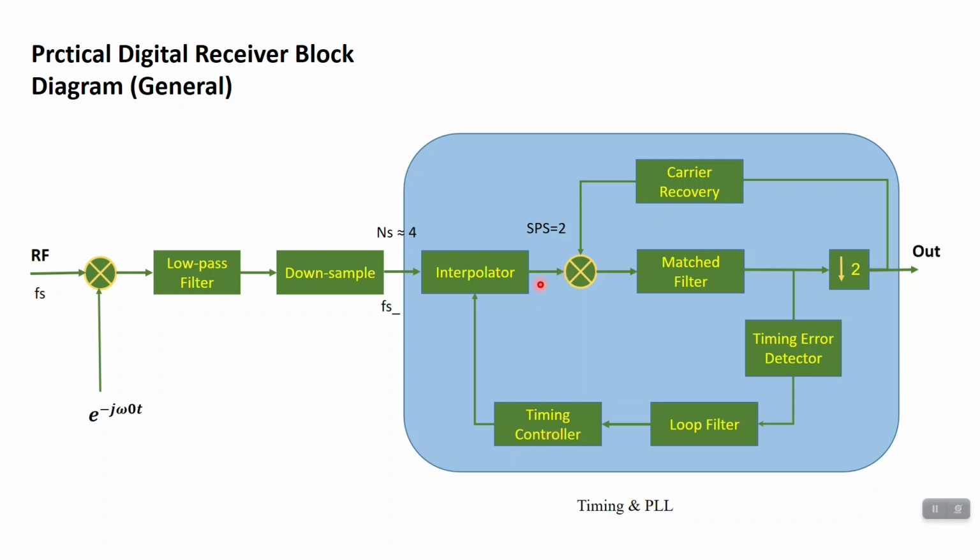After the interpolator, samples again pass through a DDS for residual phase error compensation. The phase error is estimated by the carrier recovery block, which is in fact a PLL to track the phase.